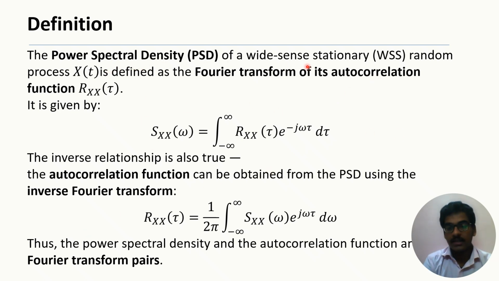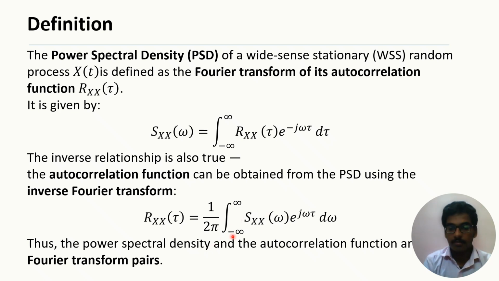The PSD of a WSS random process x of t is defined as the Fourier transform of its autocorrelation Rx of tau. The Fourier transform of Rx of tau gives the integral from minus infinity to infinity of Rx of tau times e to the power minus j omega tau d tau. We can also find the inverse Fourier transform, which gives the inverse relation between autocorrelation and PSD. We can find the autocorrelation function from PSD using the inverse Fourier transform.